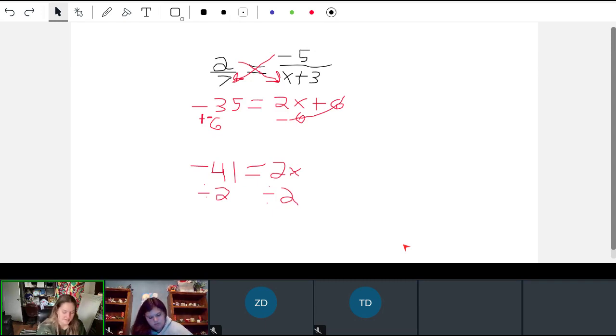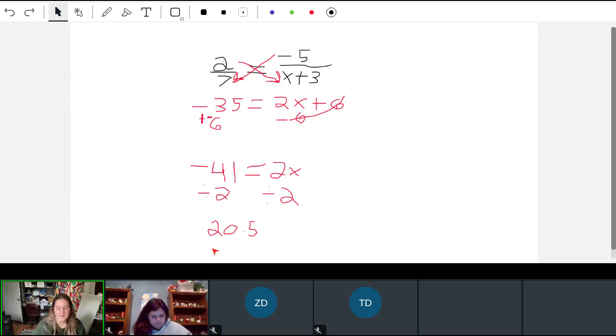And then, so now type in negative 41 divided by 2. And write that answer right down here. Good.